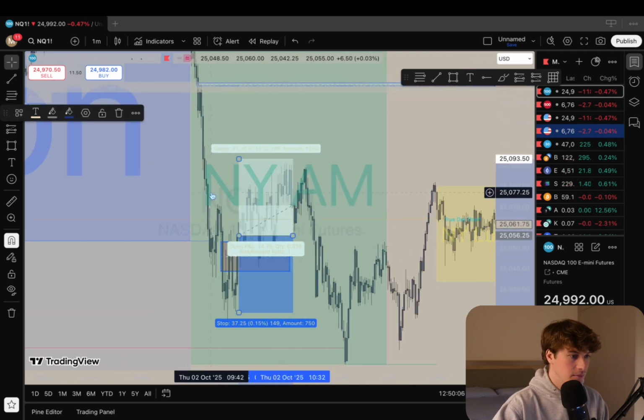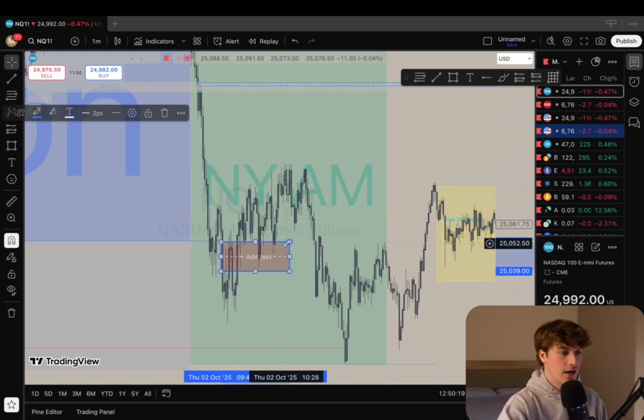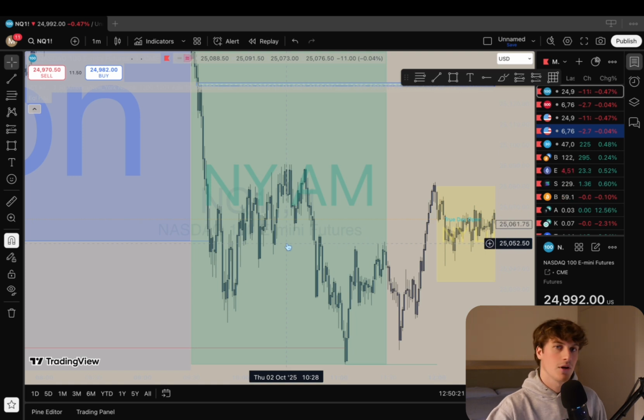Lower time frame takes the low again, breaks structure here, we inverse this 1 minute gap after rebalancing from the 1 hour. We are still in a discount, and it ended up being break even, but you can see how the higher time frame and the lower time frame were aligned.